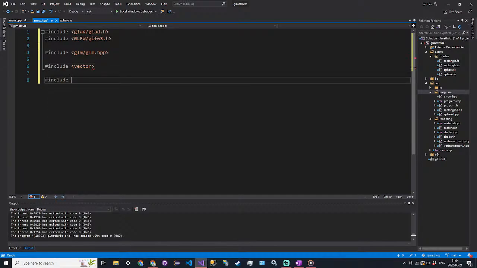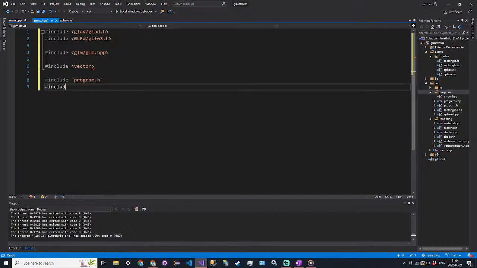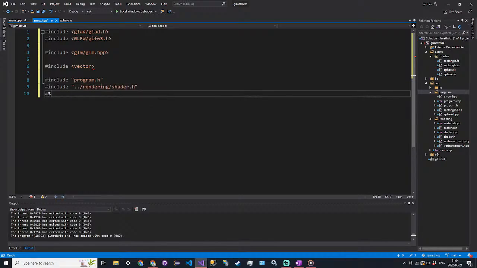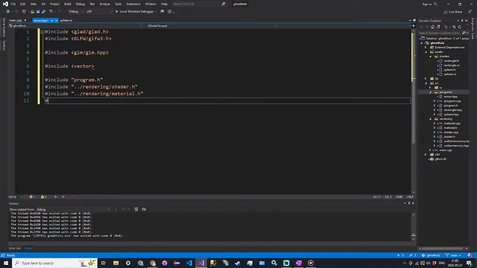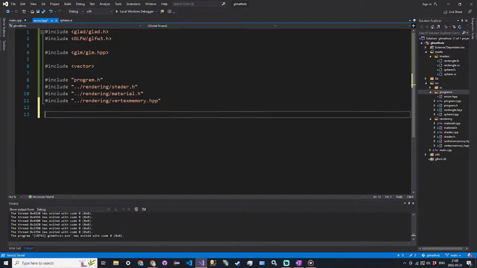All right, then we're going to include program because we're going to inherit that. Include /rendering/shader.h. Include /rendering/material. So we're actually going to do the material this time. Include rendering/vertex memory. And I believe that's it. Yes, that's all. All right, then we'll do our macro.